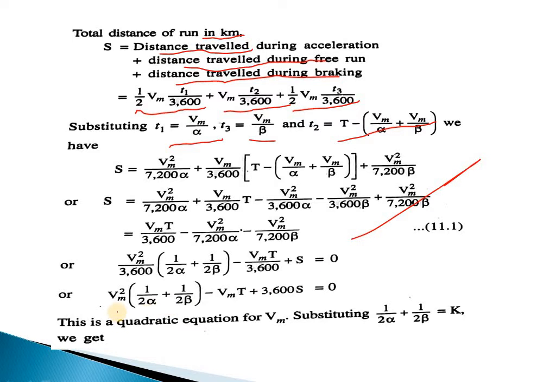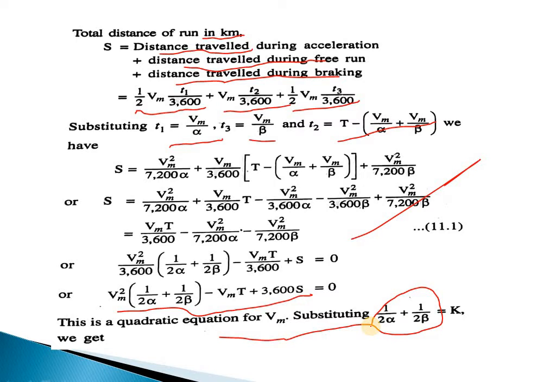Putting in all these values, we get a quadratic equation combining Vm, T, S, alpha and beta. We get Vm square into (1 by 2 alpha plus 1 by 2 beta) minus Vm into T plus 3600 S equals 0. For this quadratic equation in Vm, we substitute 1 by 2 alpha plus 1 by 2 beta equals k.